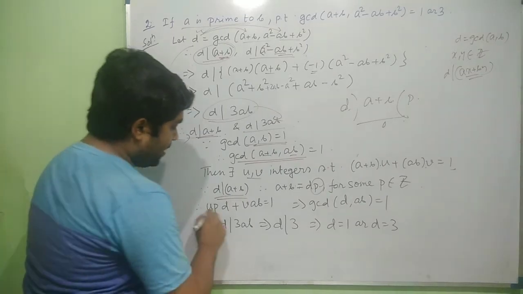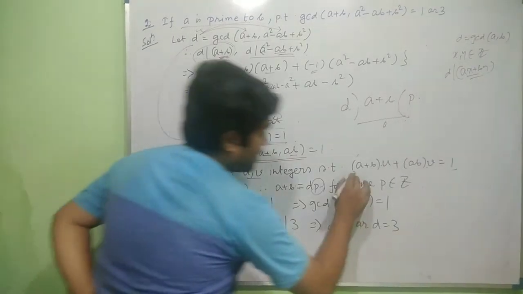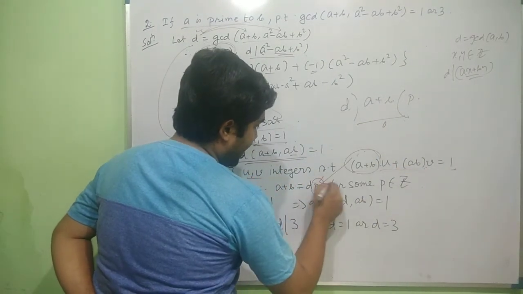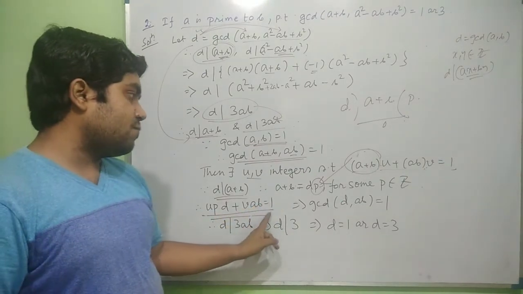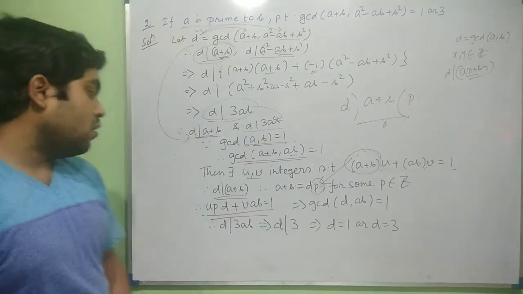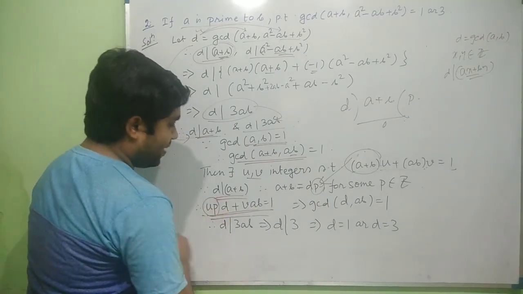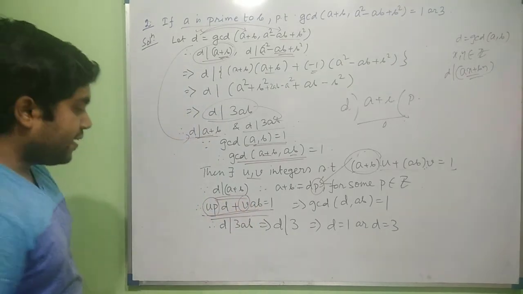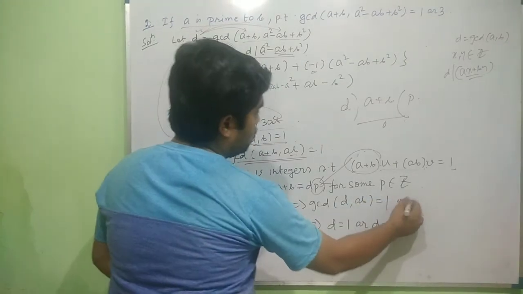Also we have (A plus B)u plus ABv equal to 1. In this result, if we substitute the value of A plus B as dp, then we get dpu plus vAB equal to 1. From this result, we can see that pu is an integer and v is an integer. Therefore, the GCD of d and AB must be equal to 1.